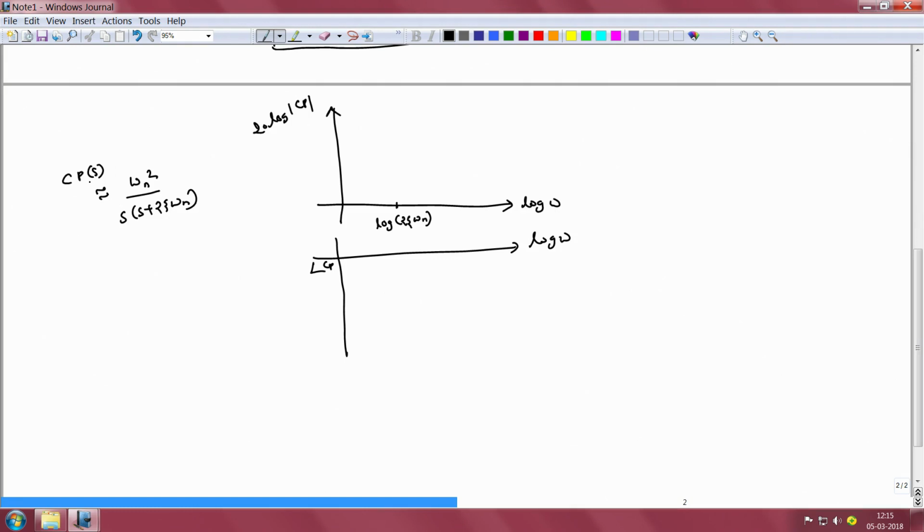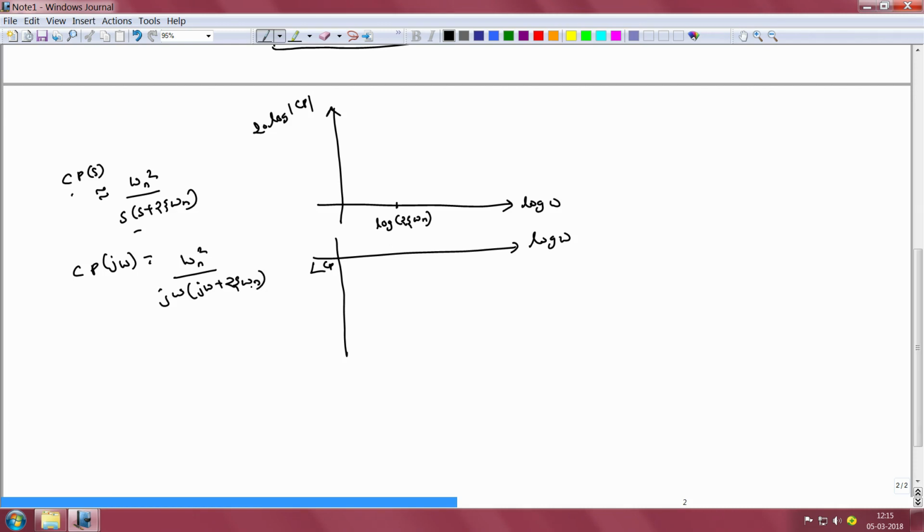This is not the exact transfer function because we have not yet designed the controller C. In order for us to get the approximate closed loop transfer function that we wrote out in the previous slide, the approximate open loop transfer function should look something like this: omega n square by s times s plus 2 zeta omega n. So, to draw its Bode plot, we have to substitute s equal to j omega, in which case we would have C P of j omega equal to omega n square divided by j omega times j omega plus 2 zeta omega n.